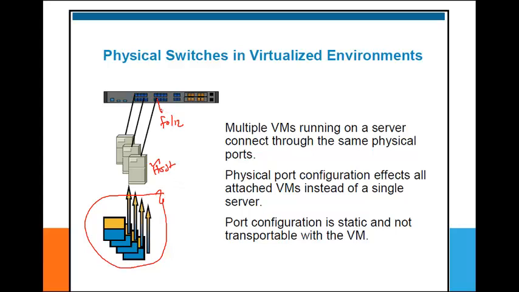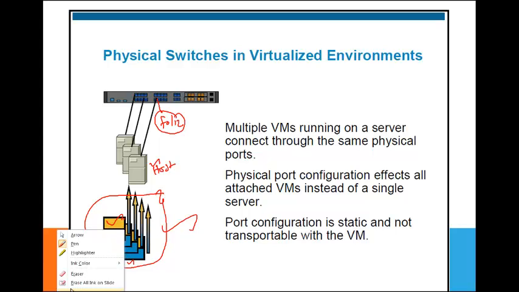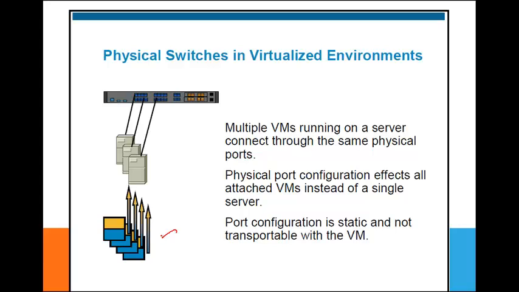Whatever you configure on FastEthernet 0/12 is inherited by all these 4 virtual machines. There is no separate treatment for each server in the virtual machine. There is common treatment. If you want to treat traffic coming from one particular server, this is not really possible because there is no visibility to VM level.